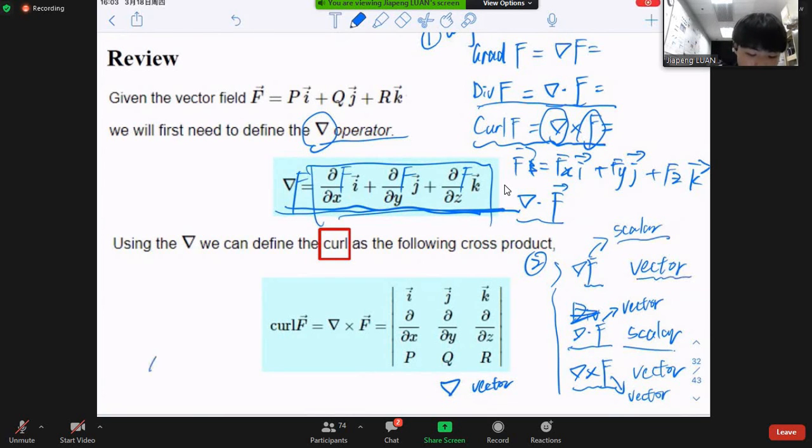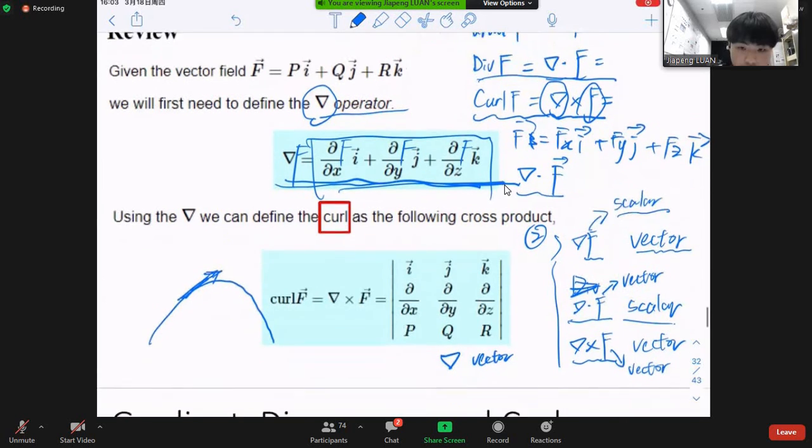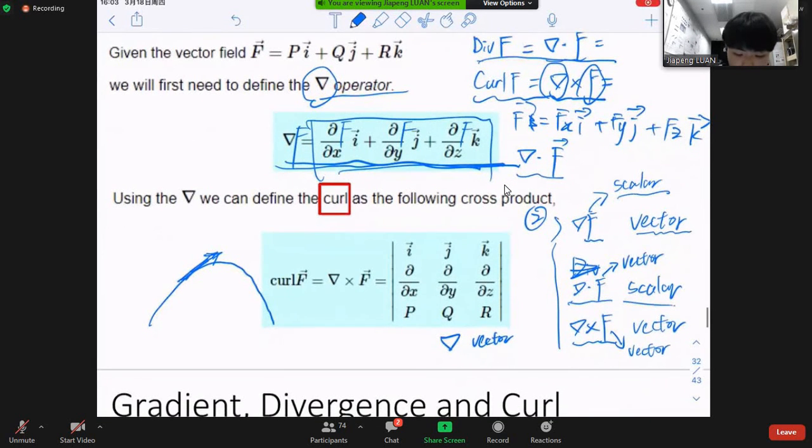Because if you have a curve, then this is the gradient, right? So it's easy to memorize that this is a vector. You need to bear these things clearly in mind. Otherwise, when you solve the problems, maybe you will confuse them. Okay.